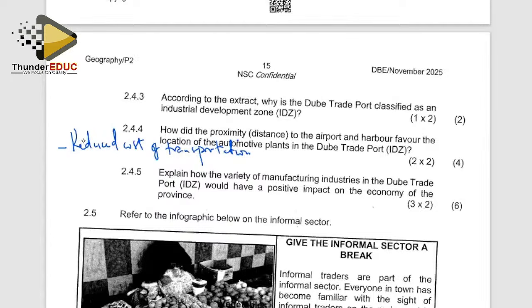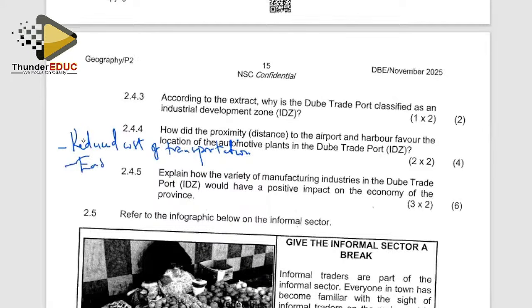Remember, raw materials are transported to the industries. And some of the raw materials are imported, and products also need to be exported. So for the same reason, we are saying there is a reduction in the cost of doing business there because we are closely linked to the harbor or the airport.